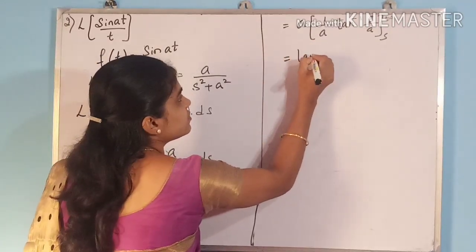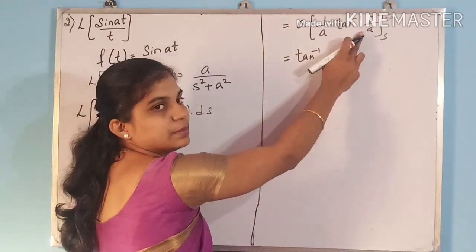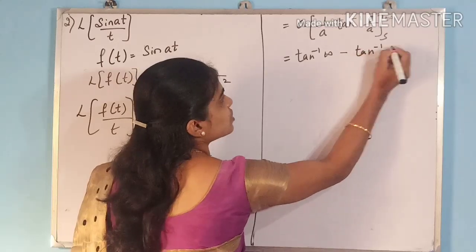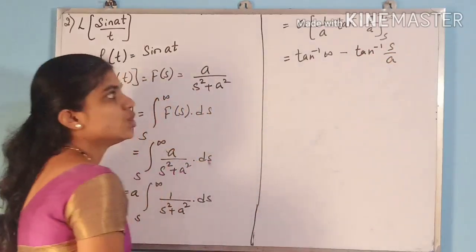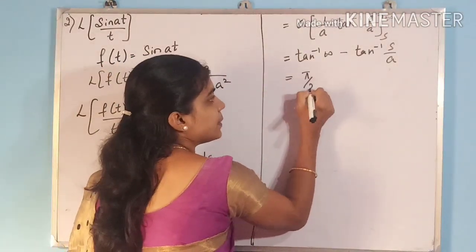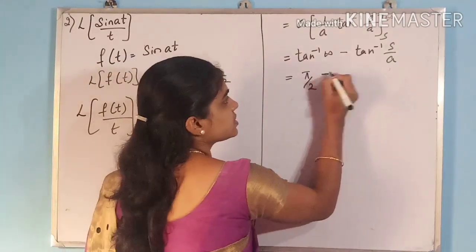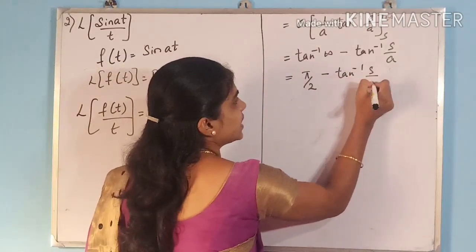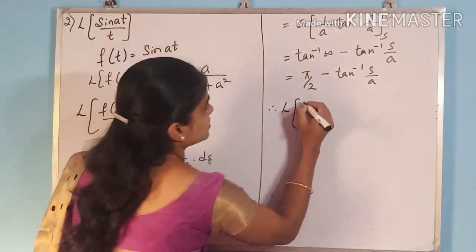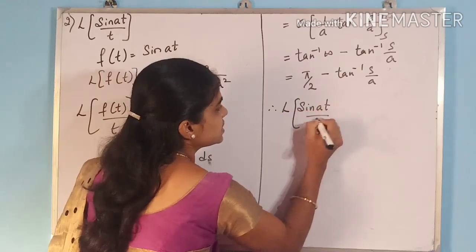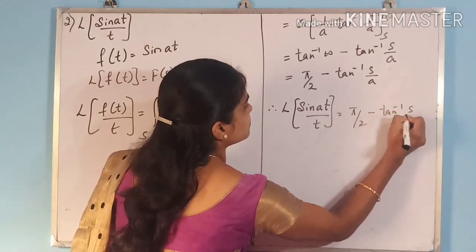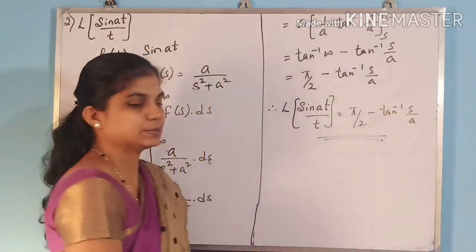So tan inverse of upper limit minus lower limit, tan inverse of infinity minus tan inverse of s by a. What is tan inverse of infinity? Tan inverse of infinity is pi by 2, minus tan inverse of s by a. So therefore, Laplace transform of sin at by t is equal to pi by 2 minus tan inverse of s by a.